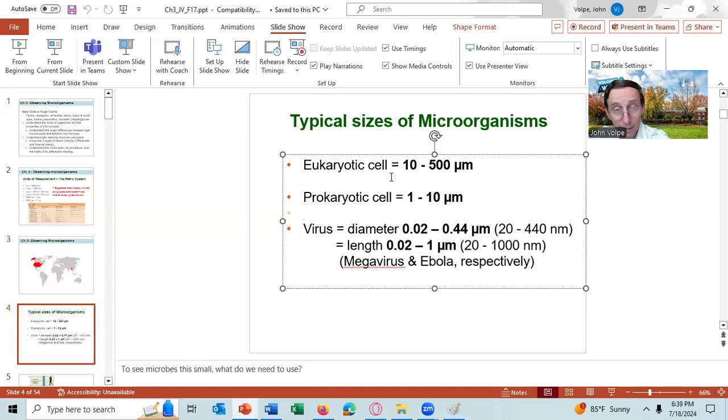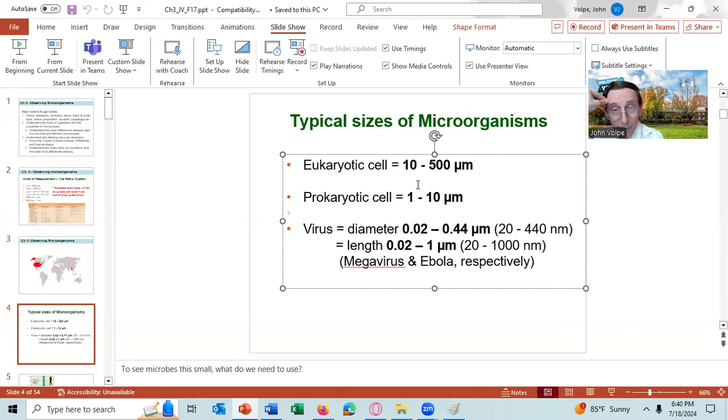Like a blood cell is around 10 micrometers. Don't quote me directly, but it's around 10 micrometers. You'll note that the largest virus is actually about the size of the smallest prokaryotic cell. And then the very largest prokaryotic cell is about the size of the smallest eukaryote cell.